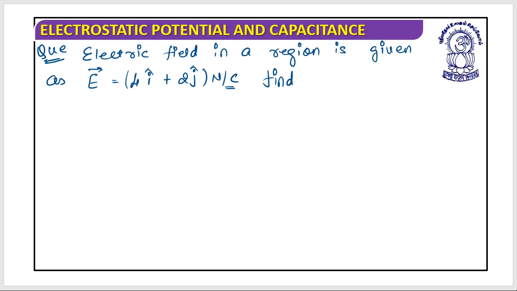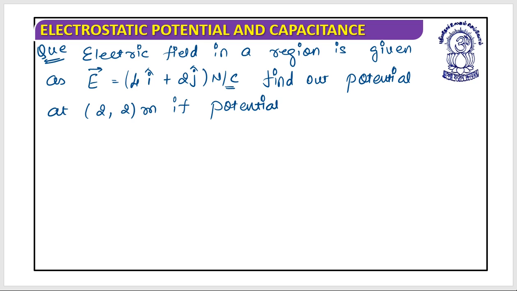Find out potential at 2 meter if potential at origin is 0.